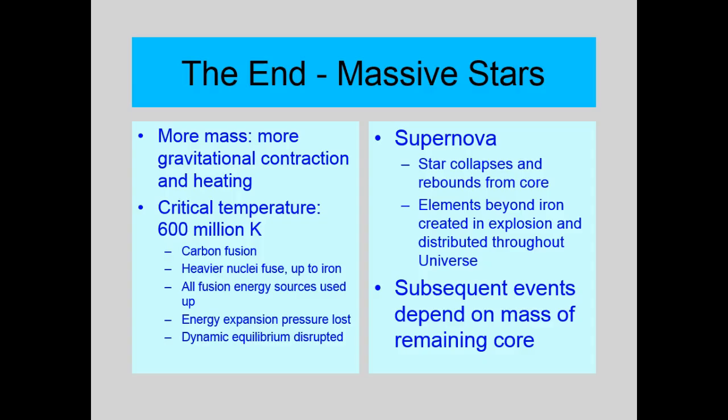Here's iron right here. You have fused and created all these elements up to iron, but then when this collapse and explosion occurs, the supernova, then the heavier metals occur. But guess what, folks?